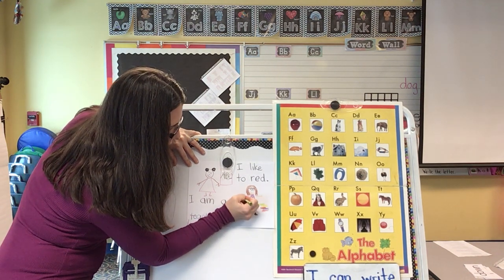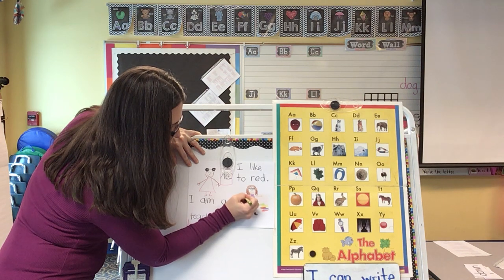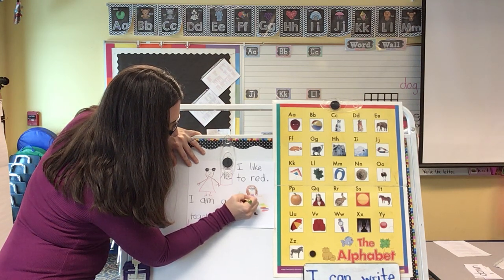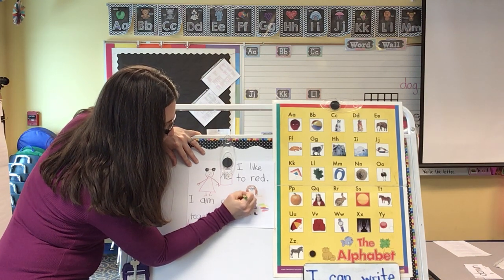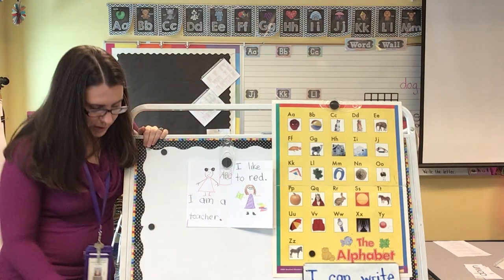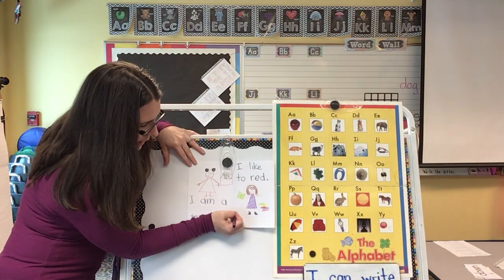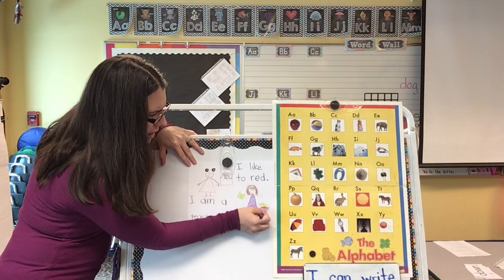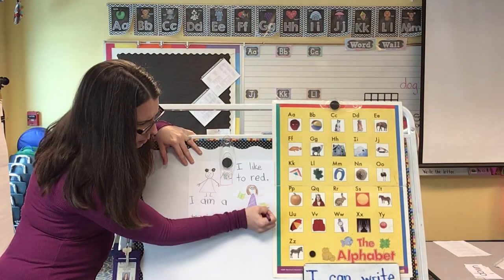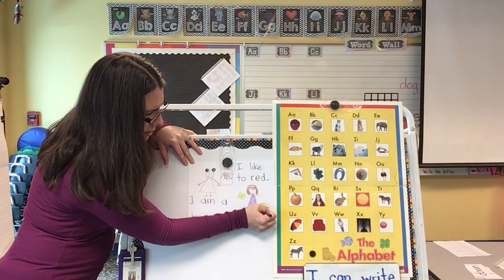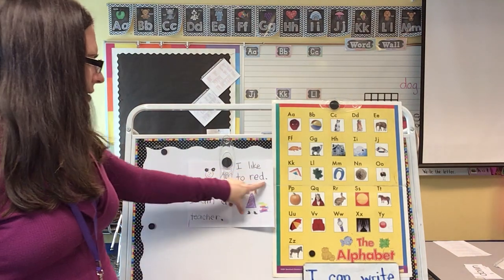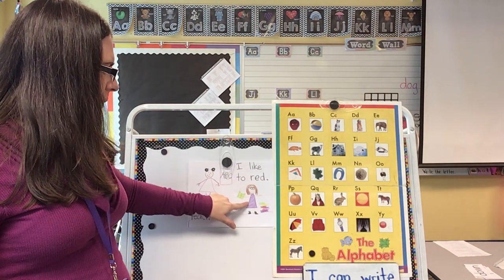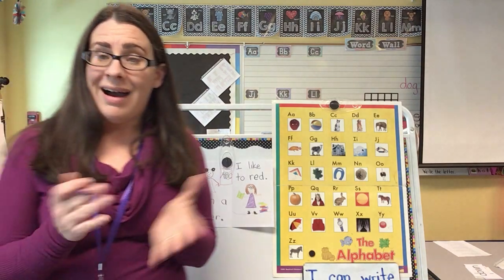I'm even going to have a book in my hand. All right, friends, so right now, I think I'm done with my page. What do you think? I've got my sentence, there's finger spaces, a period at the end, and my picture matches my words. So I think I'm done.